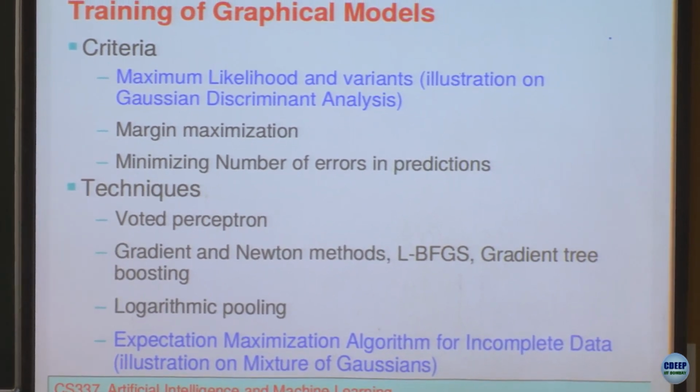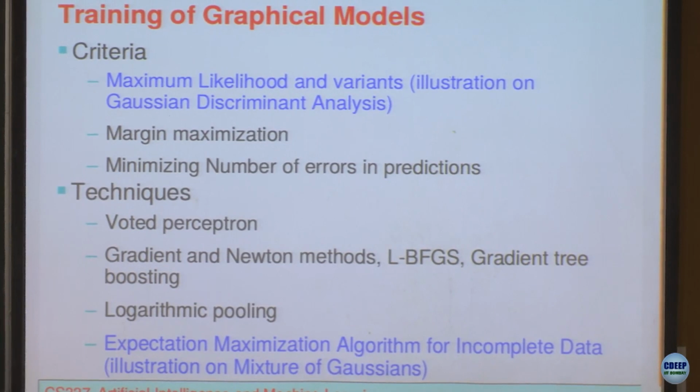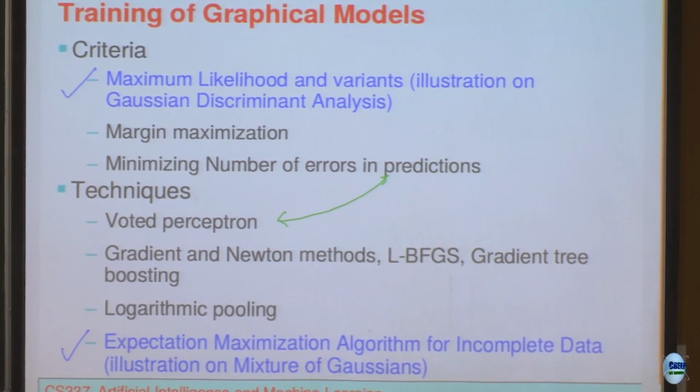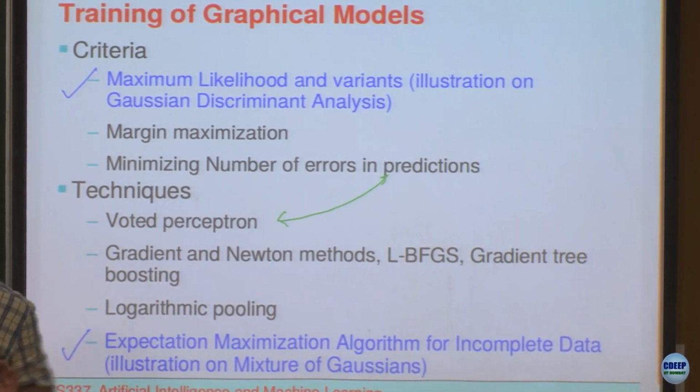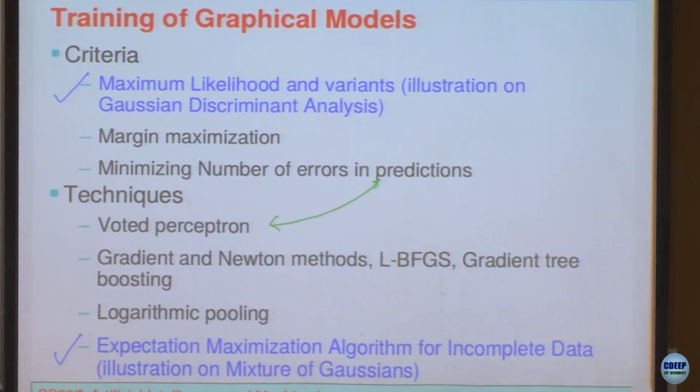For example, for minimization of number of errors in predictions, you can look at voted perceptron, the variant of perceptron. But what we are going to focus on is just these two, maximum likelihood and expectation maximization, and again I will illustrate for a very simple case, the simplest amongst those.